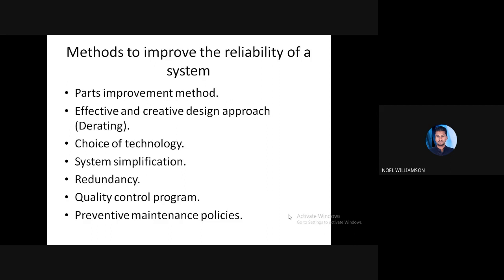There are certain policies associated with that. Using the preventive maintenance policies also, we can improve the reliability. So these are the methods or techniques to improve the reliability. These are the things in today's class.